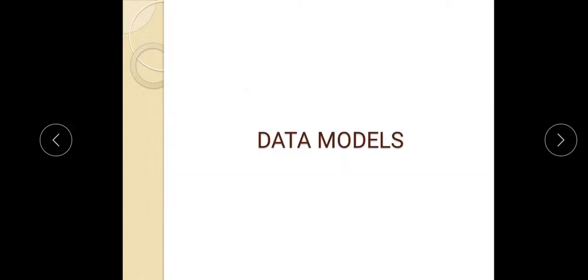Now the next topic is data models. So what do you mean by data models? Data models means modeling a data. From the name itself we can say that, modeling a particular data. That is not the actual definition. The actual definition is that it is a collection of conceptual tools, or a collection of concepts, that can be used to describe the database structure.